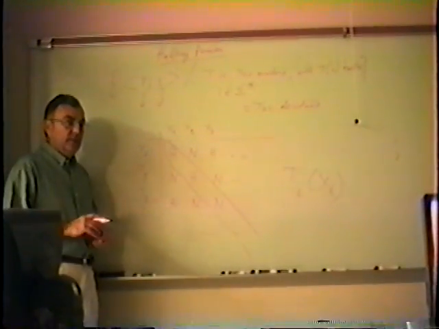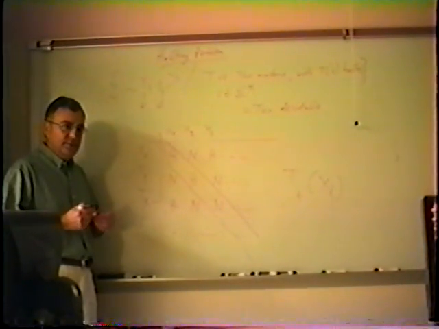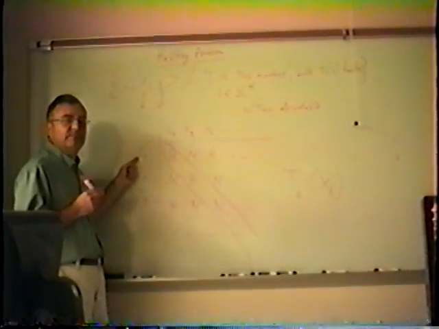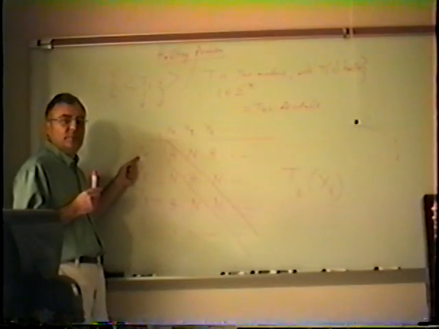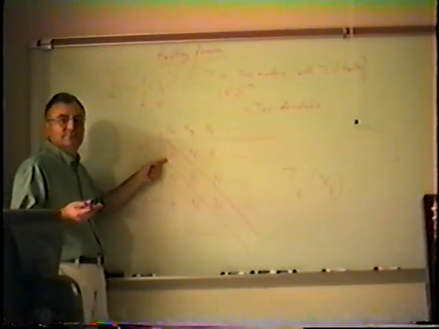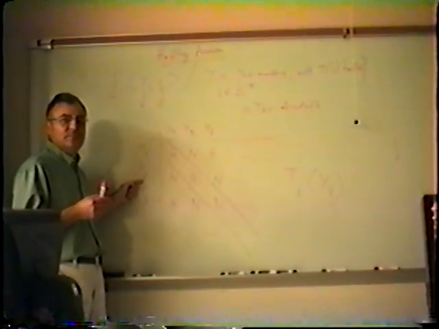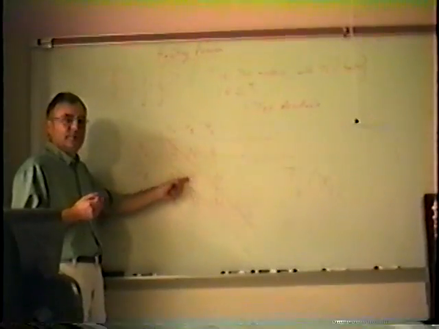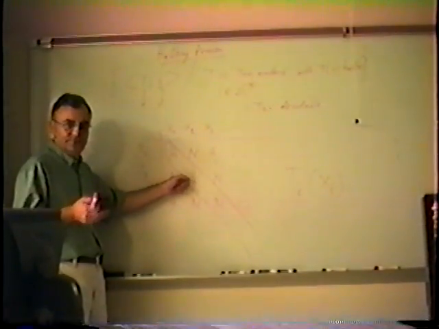If I can do that, this is a contradiction, because this is a Turing machine, but is it equal to T1? No, because T1 halts on X1. Mine does not halt. Is it equal to T2? No, by construction, my machine does not halt on X2, but T2 halts on X2.